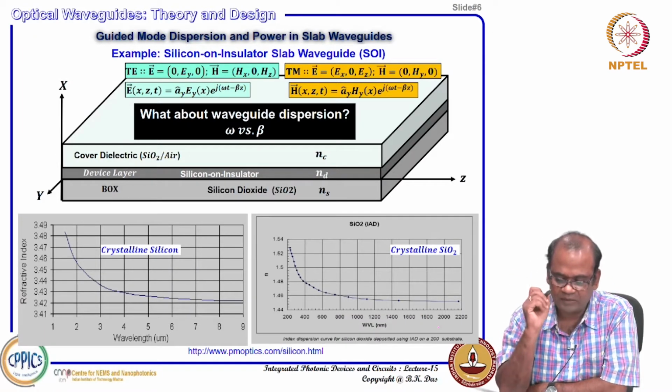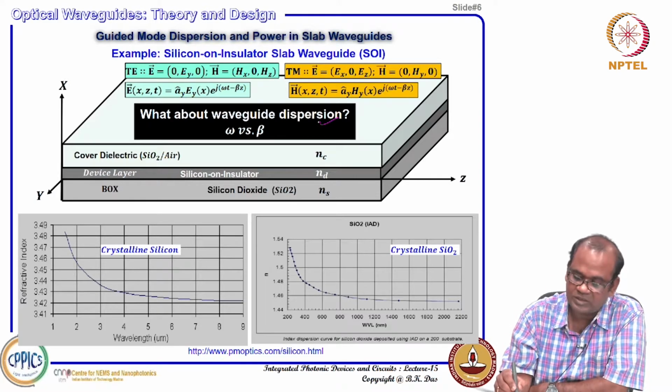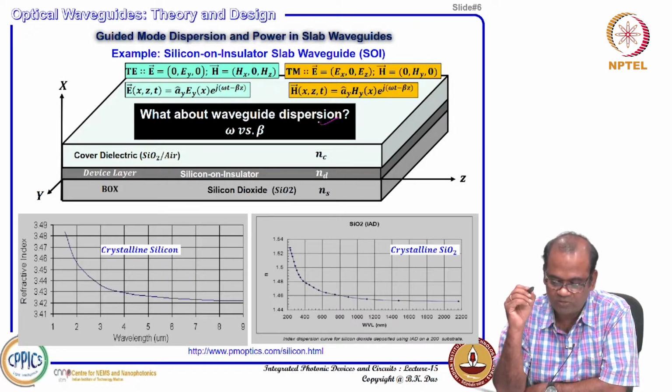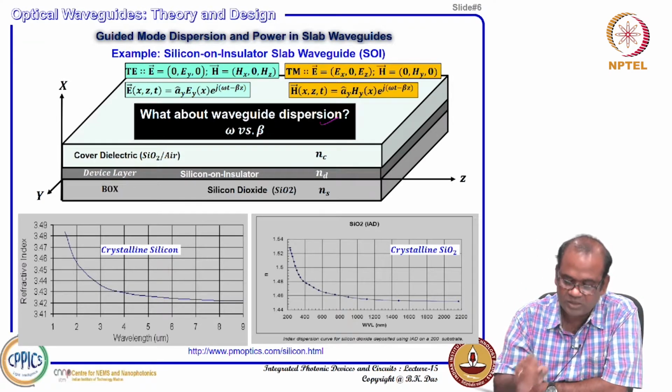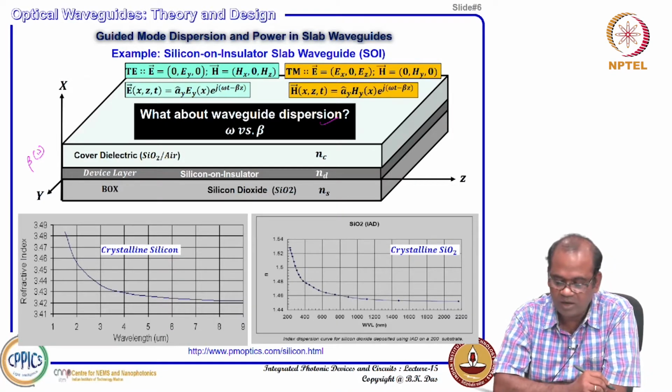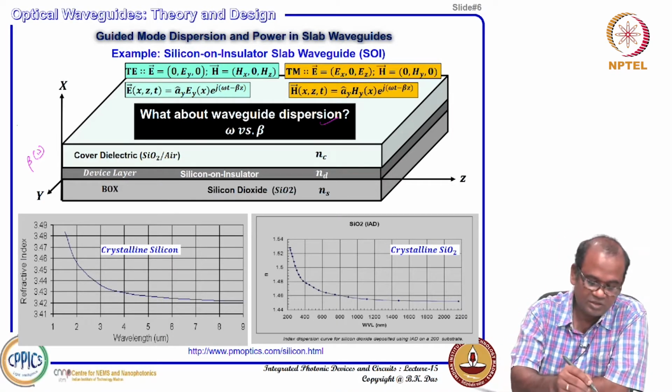But apart from that, what about waveguide dispersion? That is the major discussion point today. That means omega versus beta. This beta must be a function of omega, but is it linear, like beta equals omega by c times n effective?